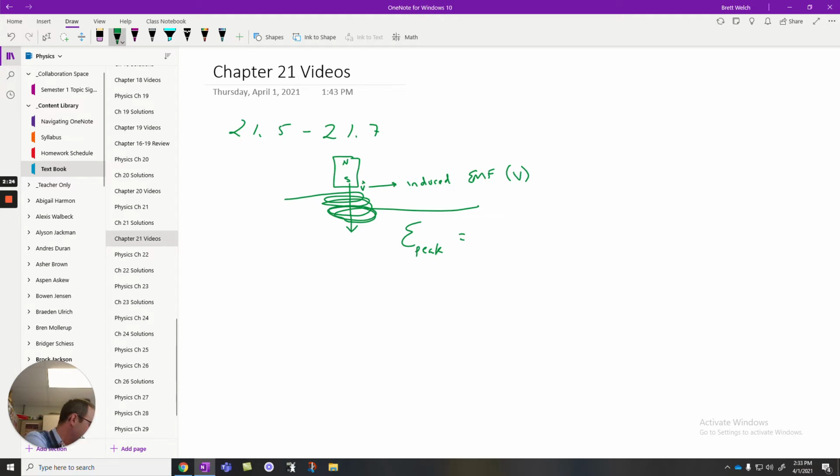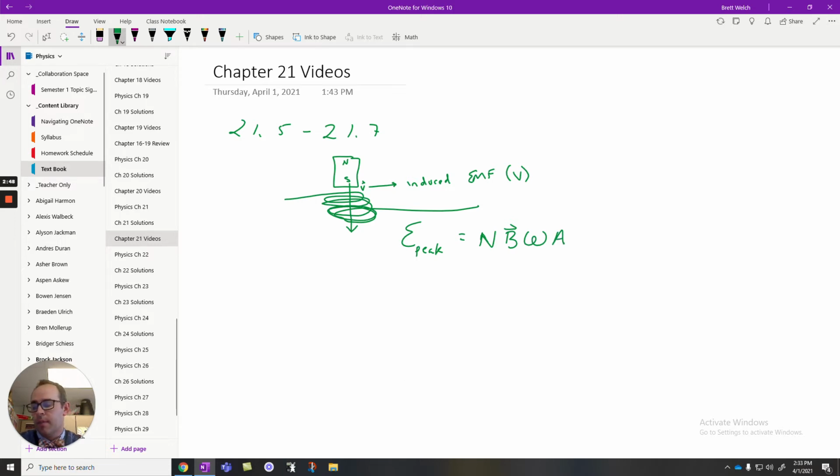The peak EMF will be determined by the number of loops. The more loops you've got, the better, times the magnetic field, how strong the field produced by our magnet is, times the rotational speed, omega, times the area that it travels through.